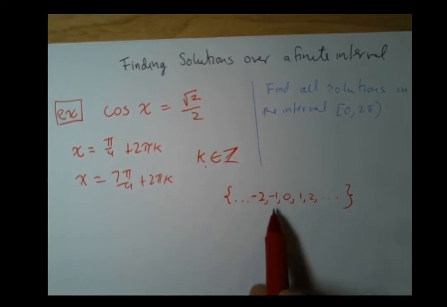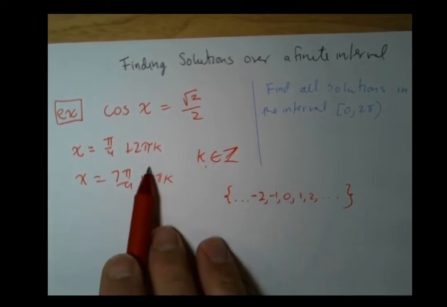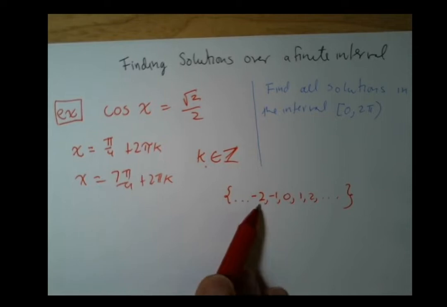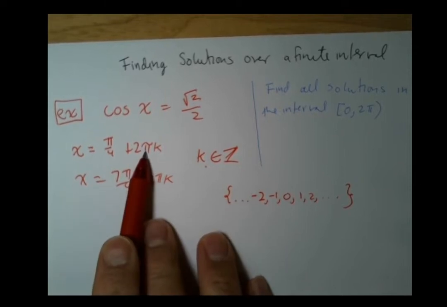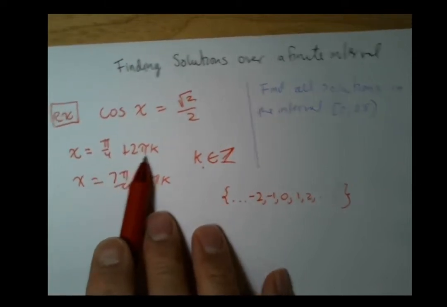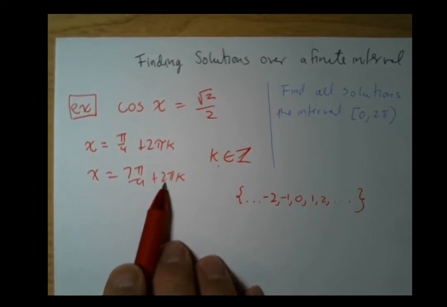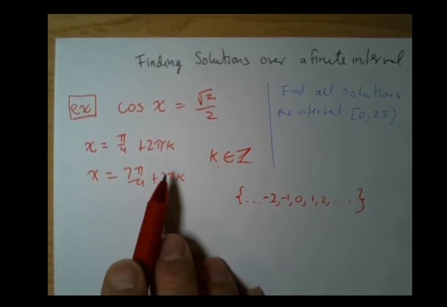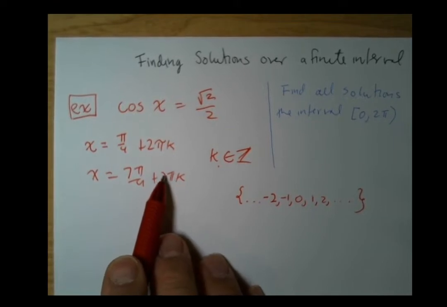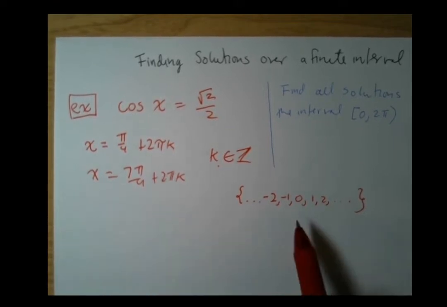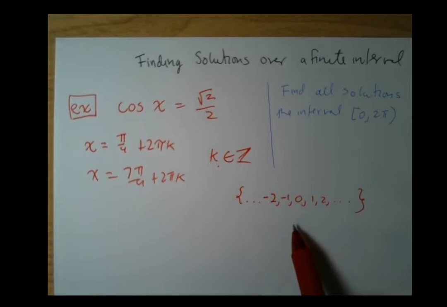Now look here, I can already not worry about negatives, because when I plug in -1, for example, this is going to give me some negative value. This is much less than 2 pi. That's also less than 2 pi. So adding 1, 2 pi, that's just going to be too much. It'll put me in the negative values. So I know that right away. I don't need to worry about the negative values.